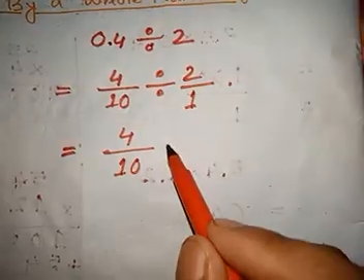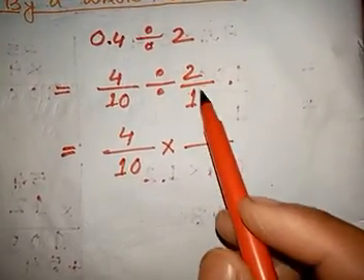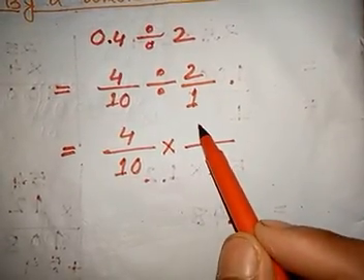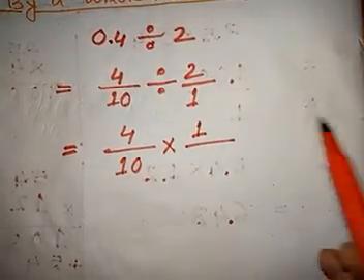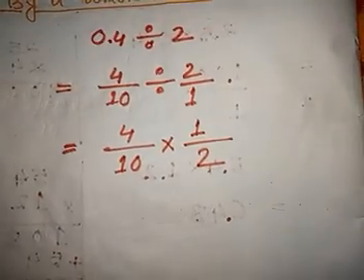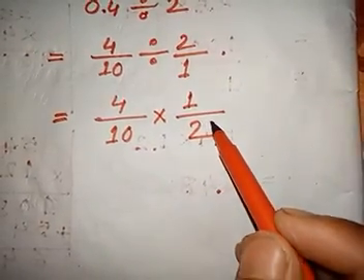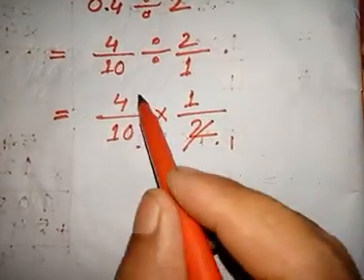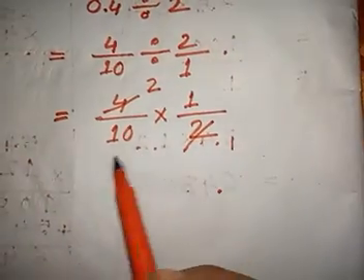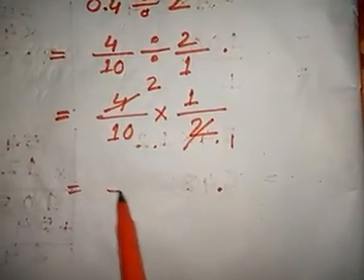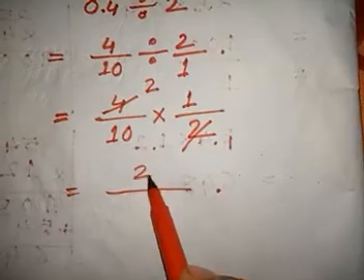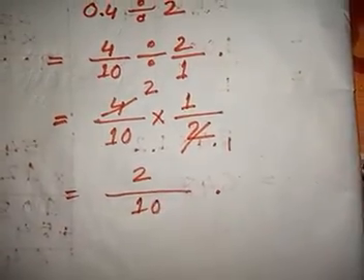Now you know how to do this division. In place of division you can write the multiplication sign, then the reciprocal of this. That means 1 will go in the numerator place and 2 will come in the denominator place. Now you can divide this 4 by 2. 2 1s are 2, 2 2s are 4. There you will have 2 by 10.